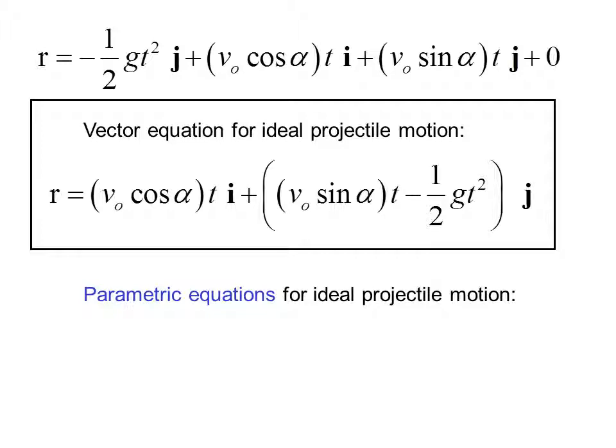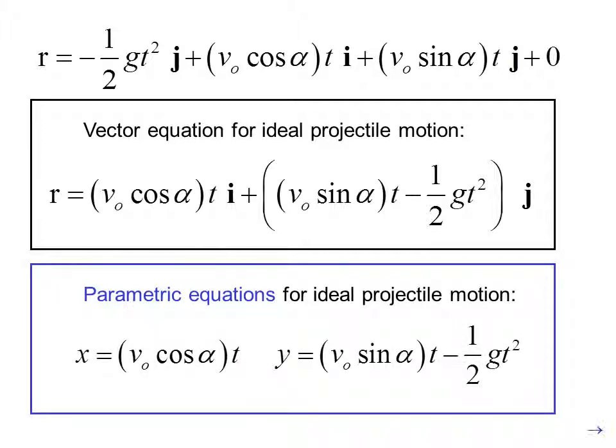Parametric equations for ideal projectile motion are x equals v sub 0 cosine alpha t, y equals v sub 0 sine alpha t minus 1/2 gt squared. If you have trouble remembering which one is which, remember that cosine is traditionally horizontal, so it's in the x direction, and sine is vertical, which is in the y direction.